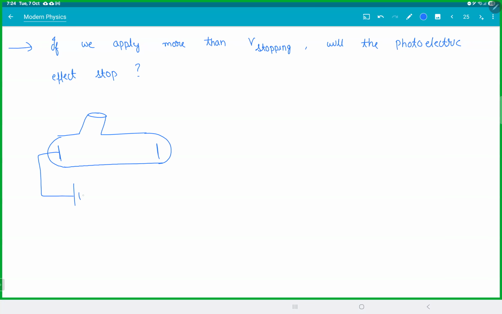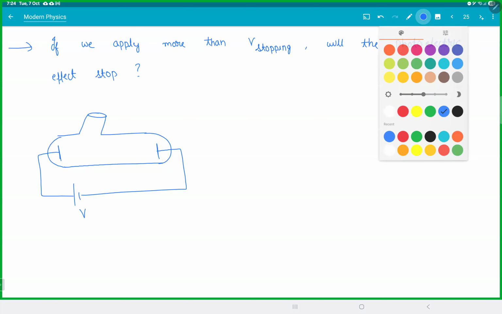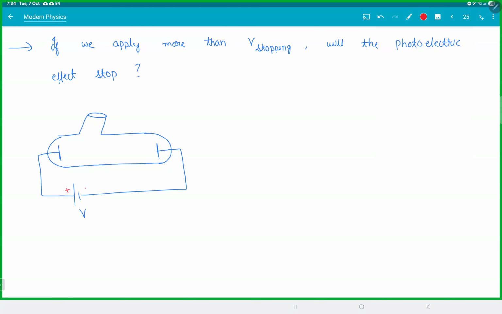When you increase the voltage, you are actually increasing the field between the plates, isn't it? This is plus, this is minus. So there's an electric field between the plates. If the distance between the plates is d, the electric field is given by V by d.